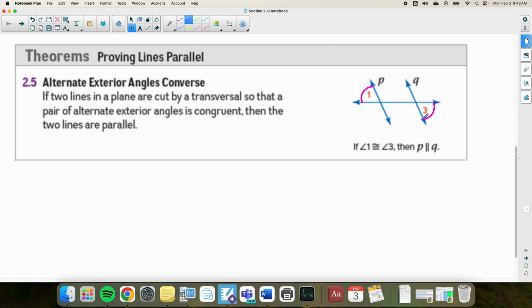And alternate exterior means they're outside of these two lines. And then remember, alternate means on opposite sides of our transversal. So if they told us angle 1 is congruent to angle 3, we could say that P and Q are parallel.